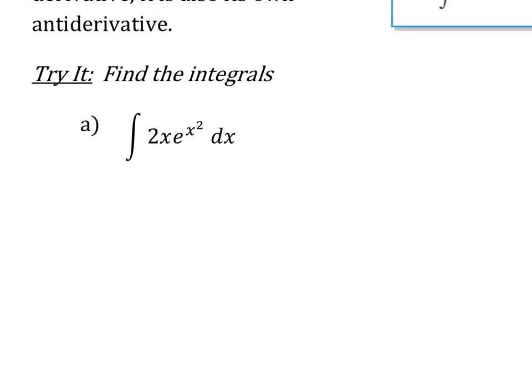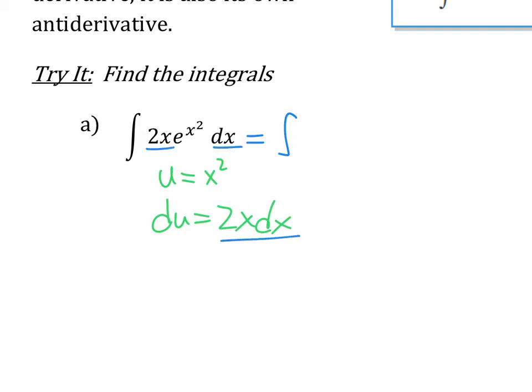So here we have a function. Well, it's not just simply e to the x. We've got e to the x squared. So we'd like to say, well, let's make u equal to x squared. And du is 2x dx. And with that, this becomes the integral of, well, 2x dx is right there.